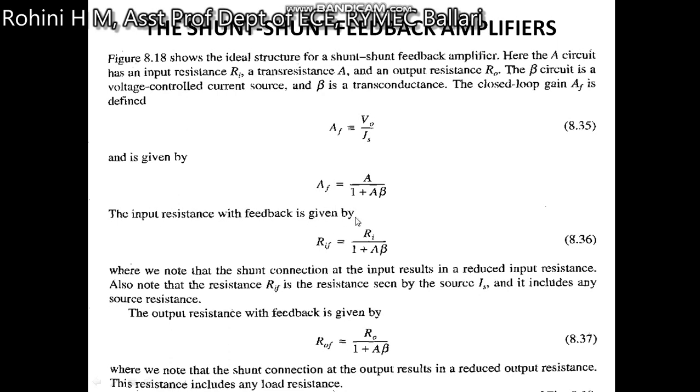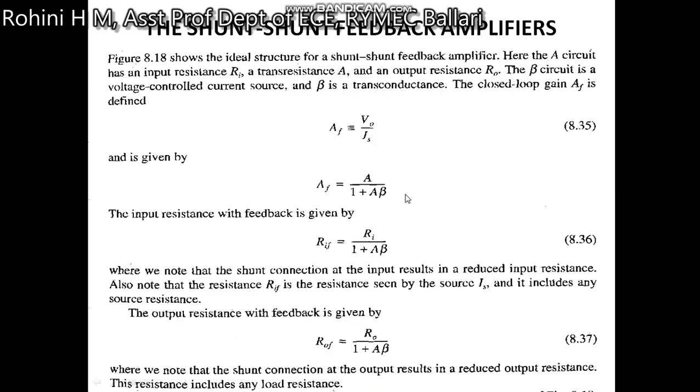The input resistance of the feedback amplifier is low because we are providing current as the input. If we are giving Vs, at that time the input resistance may be high. But here we are providing current as the input.